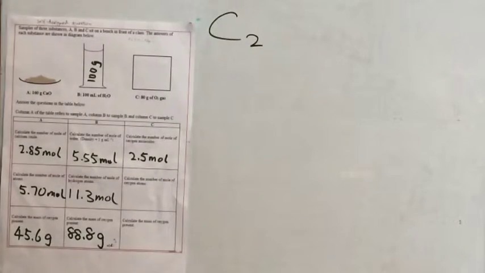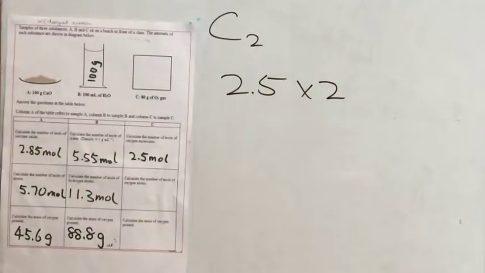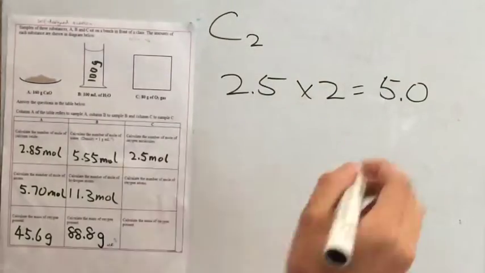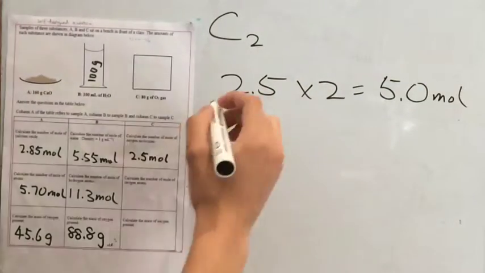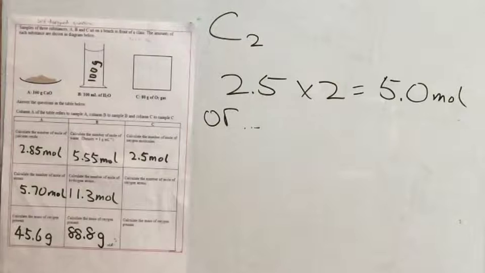For the second part, we are asked to calculate the number of moles of oxygen atoms. We can either choose to use the method we used previously, or we can simply times 2.5 by 2. This is because there are 2 oxygen atoms in every O2 molecule, so therefore we have twice the amount of moles of oxygen atoms.